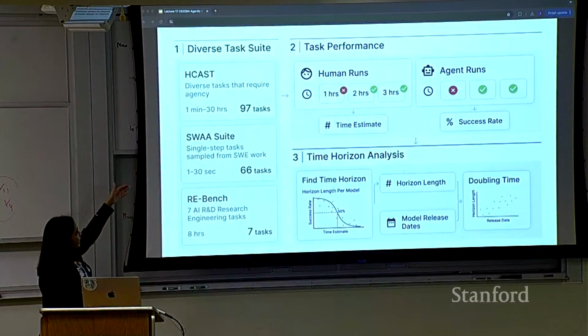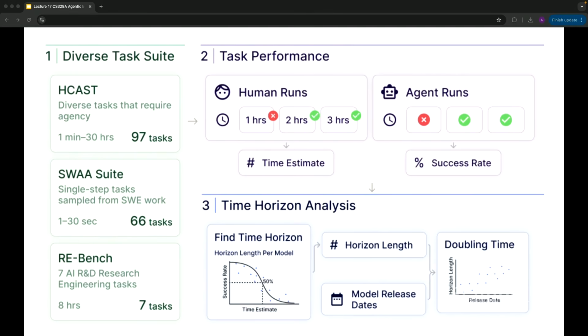Then they actually have time estimates from both a human doing the task and the agent doing the task. From human runs, they estimate the amount of time it takes the human to complete that task and whether they found it difficult or not. And then for the agent, they're measuring whether it completed the task reliably or not. And finally, based on enough data points, they fit a curve which measures the success rate versus the time estimate.